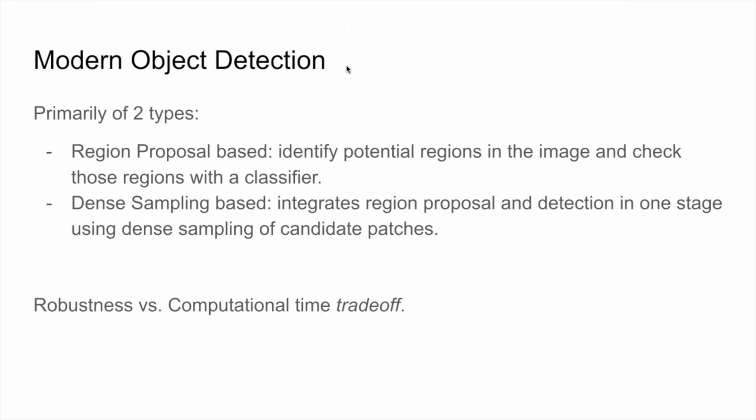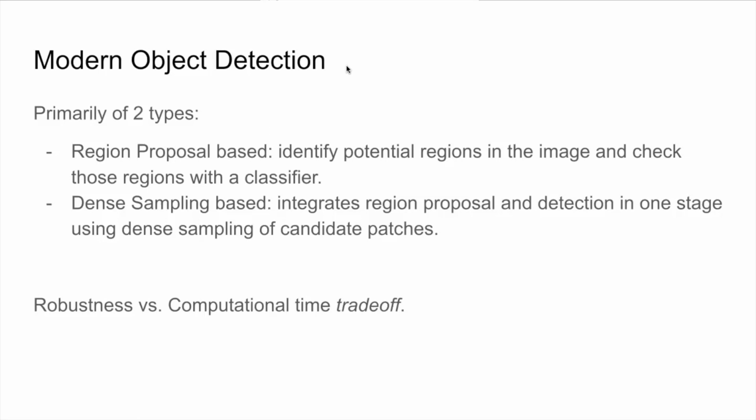You first identify a potential region in the image. Let's say there is an image, and you look at all the regions. You first try to figure out the regions in the image where an object might be.